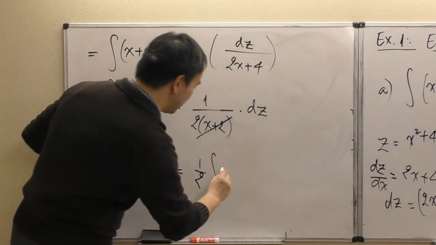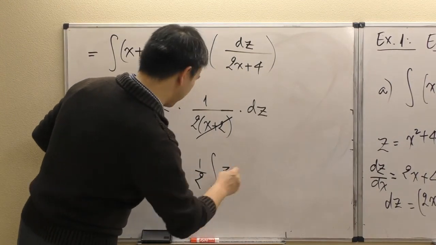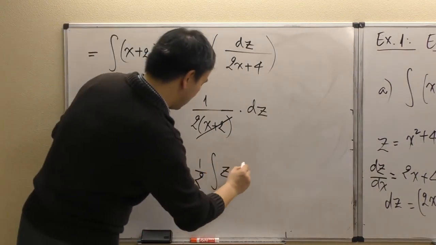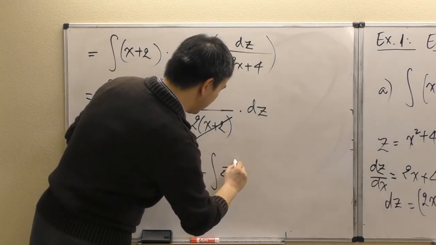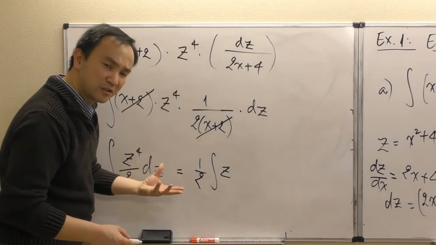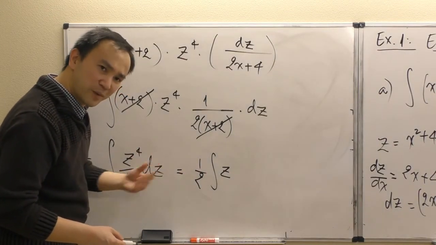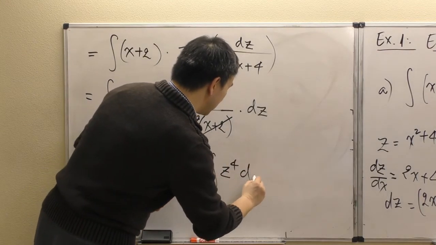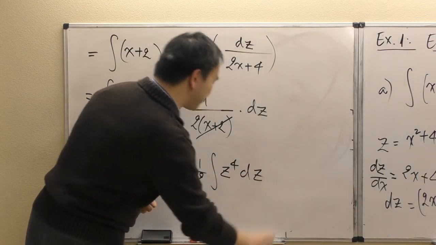I can also encourage my students to do this. It's the same as a 1/2 because it's a coefficient anyway, right? So 1/2 times the integral of z to the 4th. This really comes straight out from the constant multiple, the constant coefficient rule that I've introduced back in the days when we were doing the derivative, the antiderivative rules.